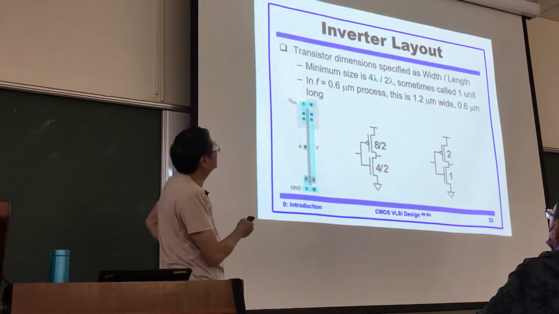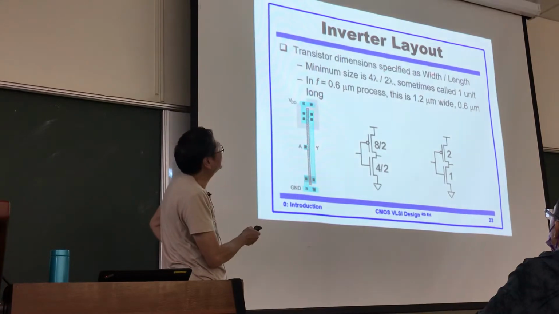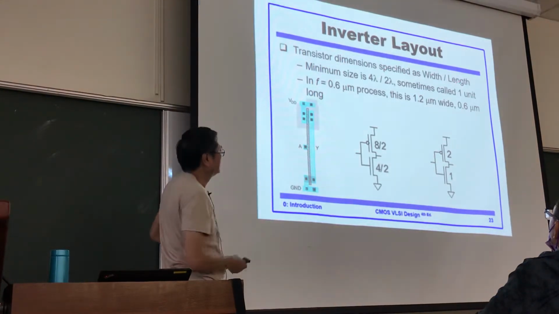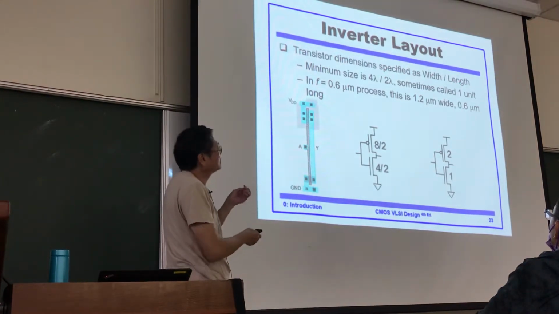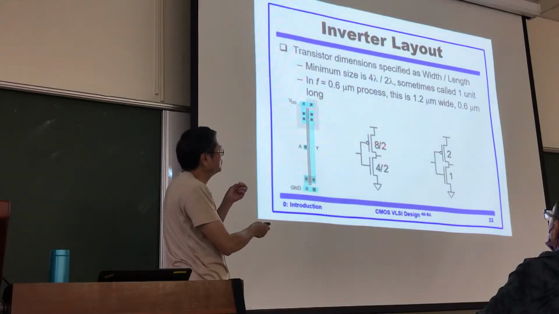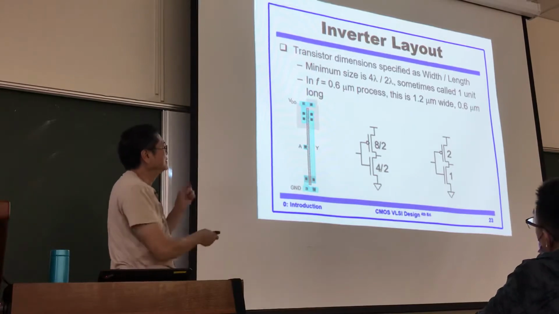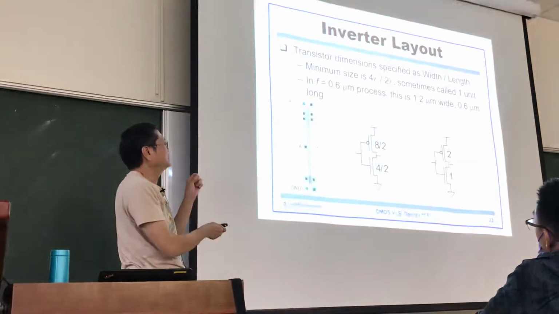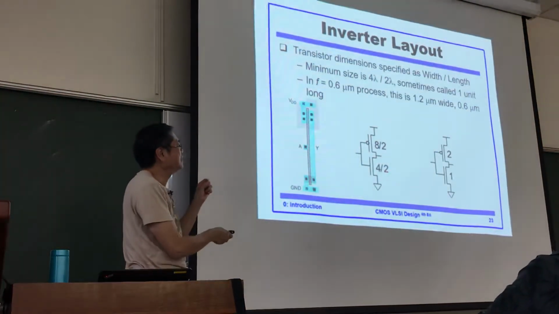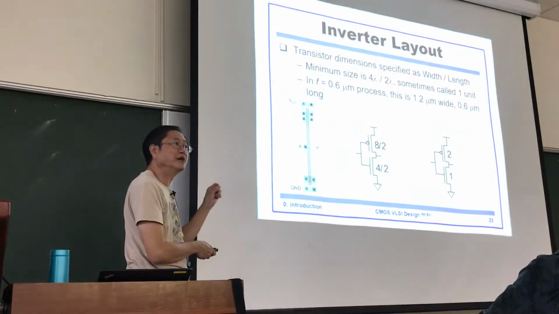Again, inverter, transistor dimension specified as width over length. If there's some number around the transistor, like 8/2, 4/2, what does it mean? It means that for this transistor, the channel length is 2. That's the minimum channel length, 2 lambda.